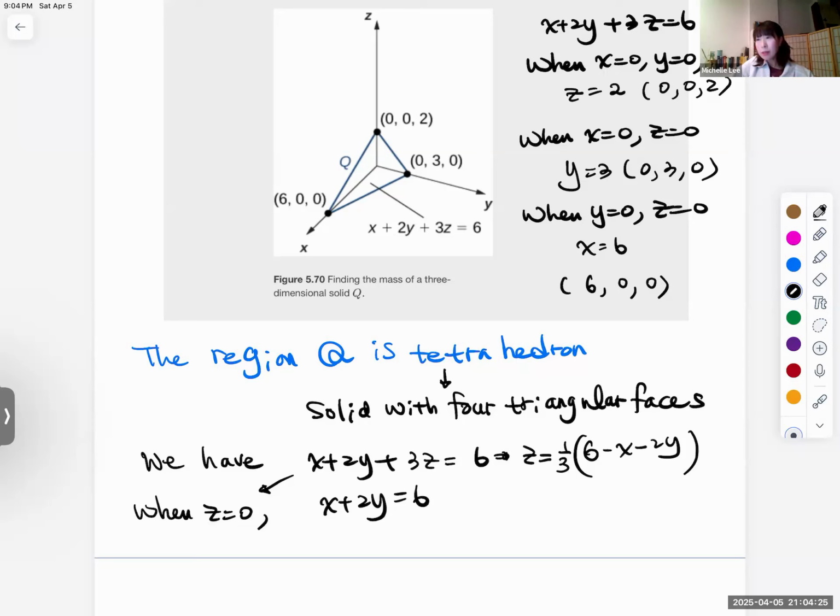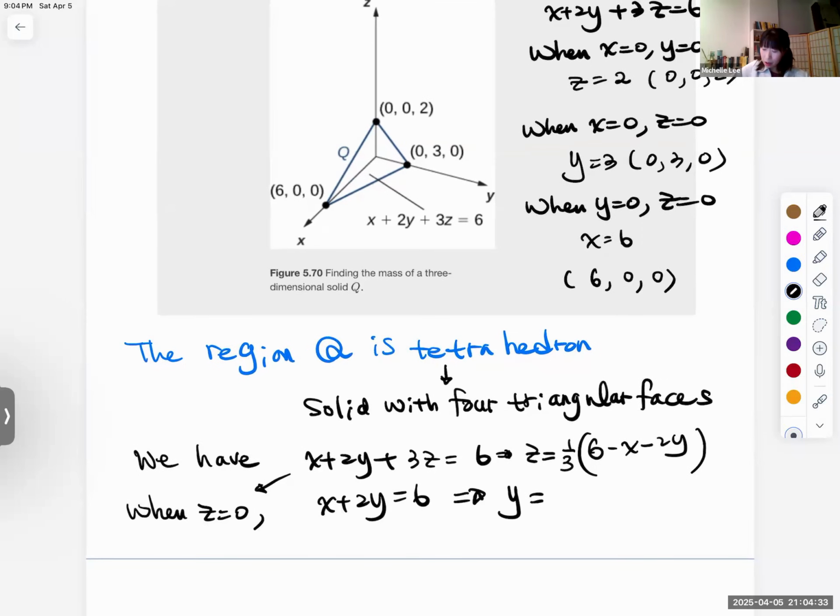Then solve for y. Move the other terms to the other side, so 6 minus x, and divide by 2. Then we will get y equal to 3 minus x over 2.